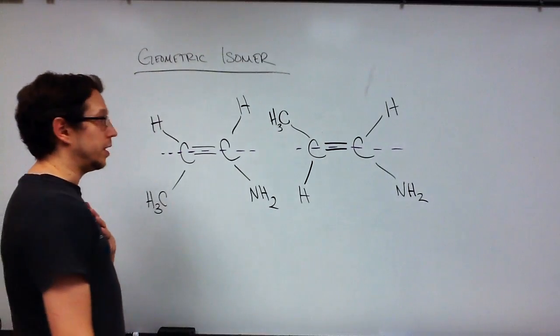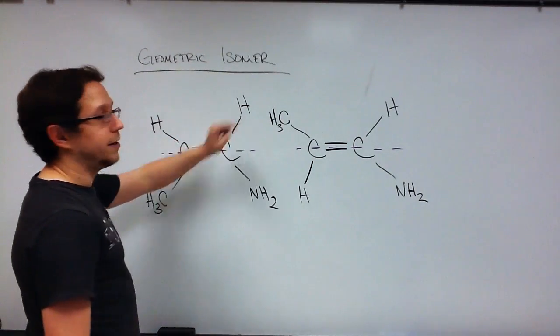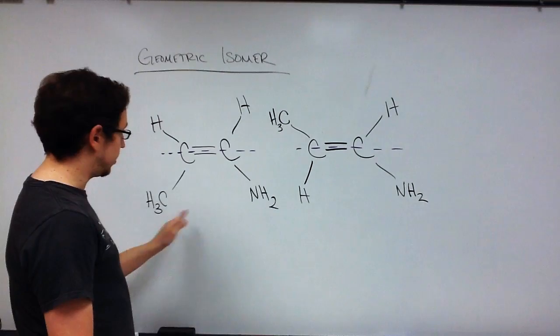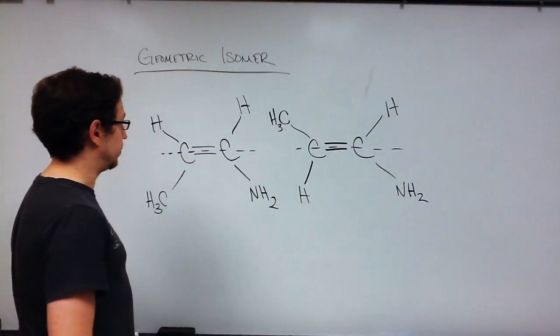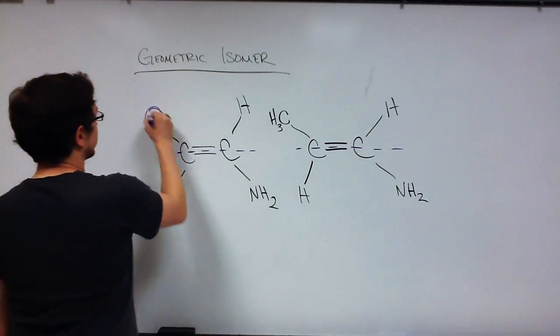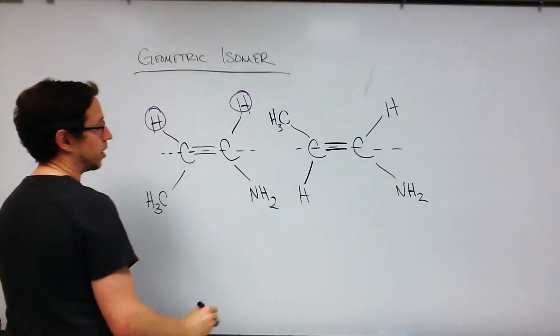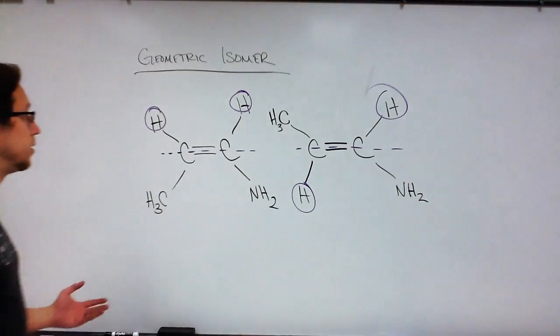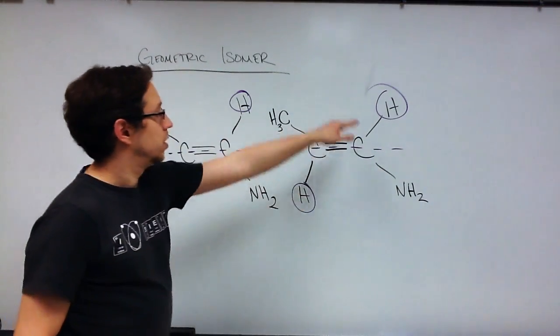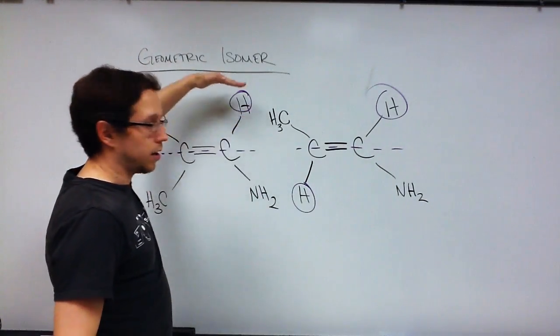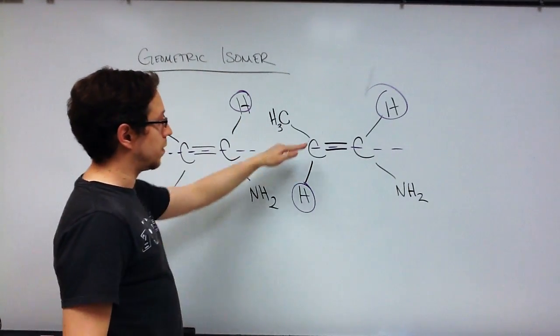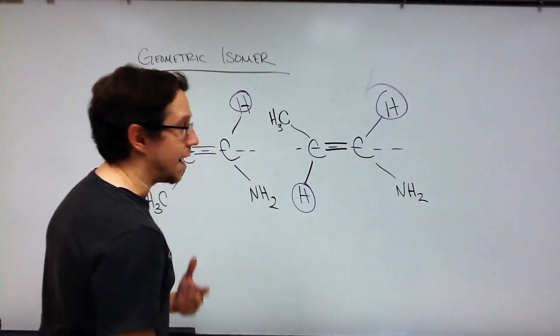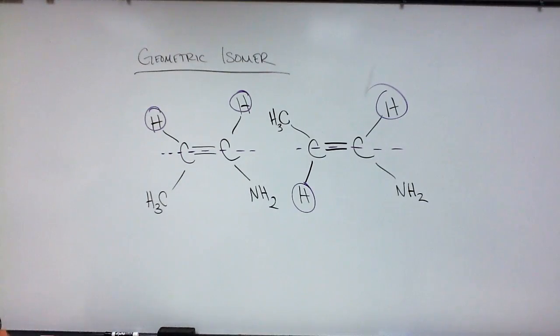And I personally prefer to look at the hydrogens, not any of the other functional groups. So I'm going to look at the hydrogens here and here, and I'm going to look at the hydrogens here and here. And the question I'm asking is, are these hydrogens on the same side of the dotted line, either above it or below it, or are they on opposite sides? And that's how I'll classify these geometric isomers.